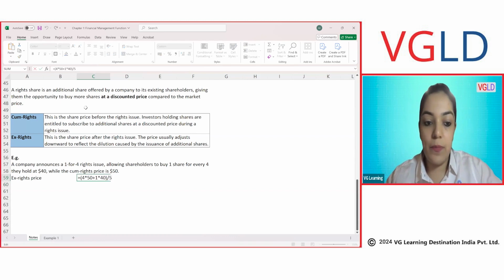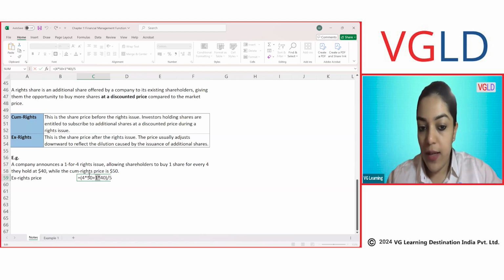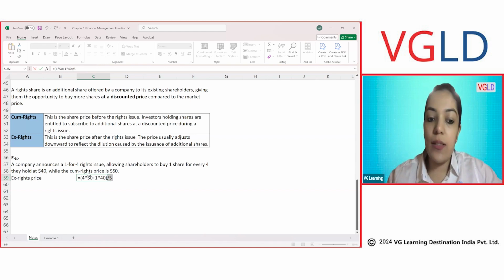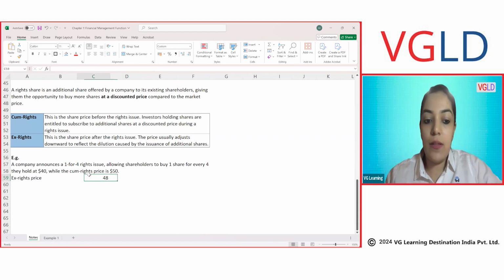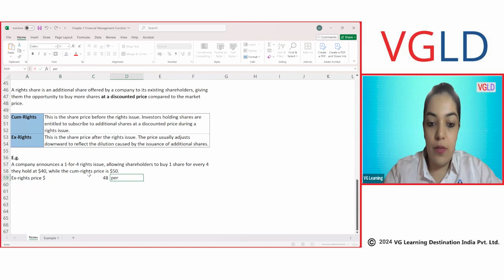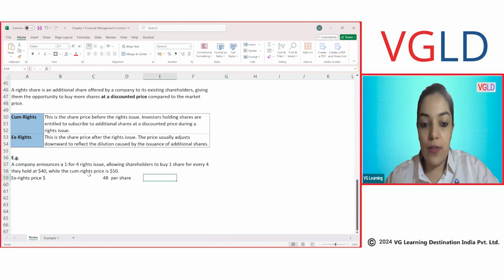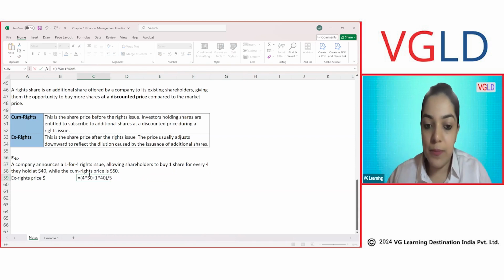Take a look at it. So you will have to pay 50. And if you now hold 4 shares, you will get 1 share at 40. So divided by 5, that means the total number of shares that you're holding, is the ex rights price, dollar per share. Please tell me if the calculation is clear. Read through it. Let me know if it's fine.